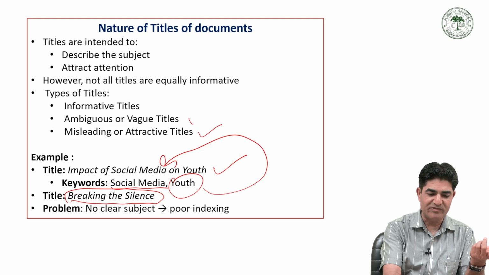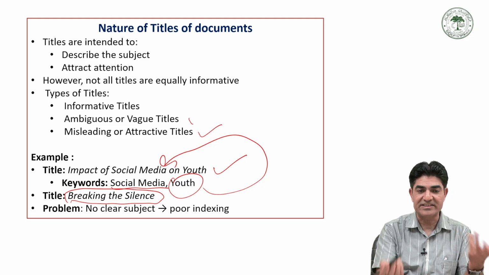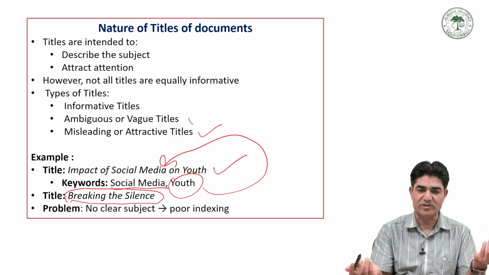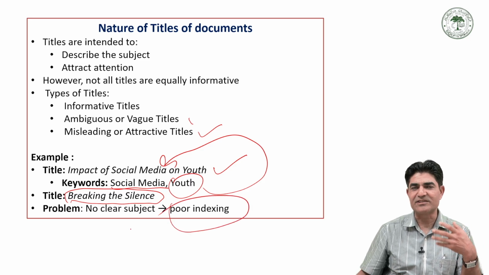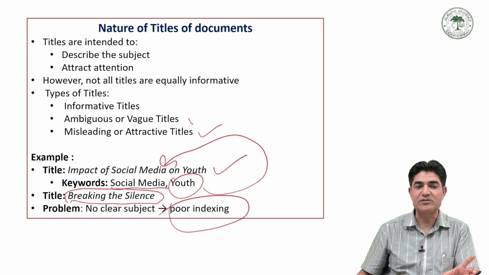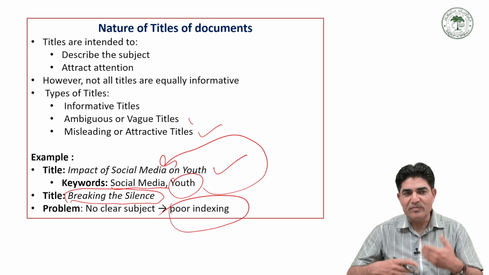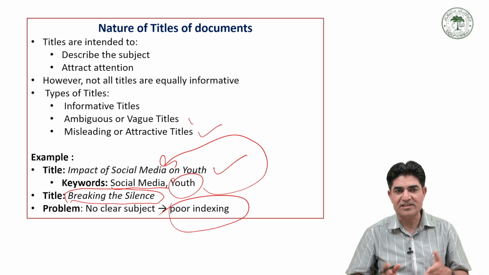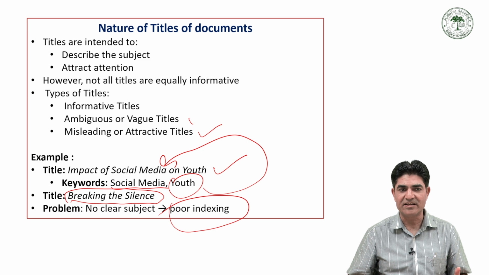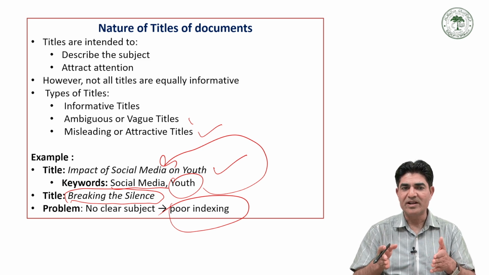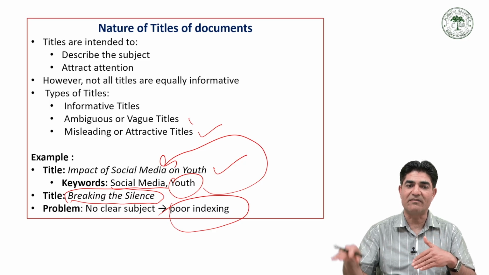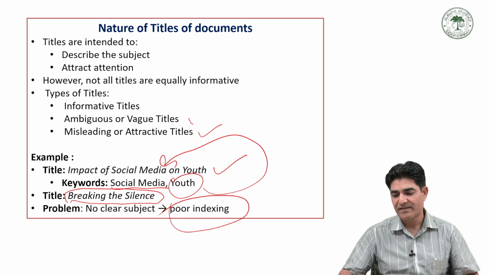So if you take these words as indexing terms, it will be poor indexing, and there is no clarity of the subject defined by these two keywords. That may be the problem. These are the limitations of title-based indexing, where sometimes the title may not be informative, not exactly representing the subject which is covered in the document.